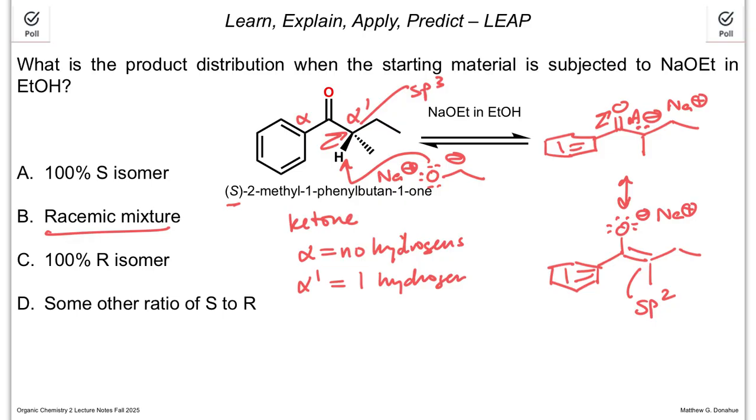Under these conditions, since it's in equilibrium, the reactive intermediate is just going to get protonated again from the solvent that's present, the ethanol. So let me redraw this, where we're going to put our eyeball like in the plane and sort of look at the edge of the double bond.